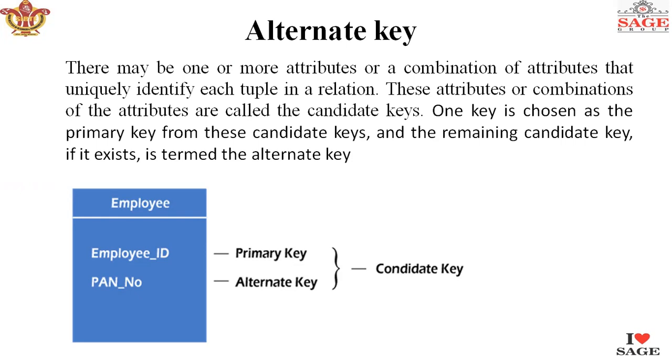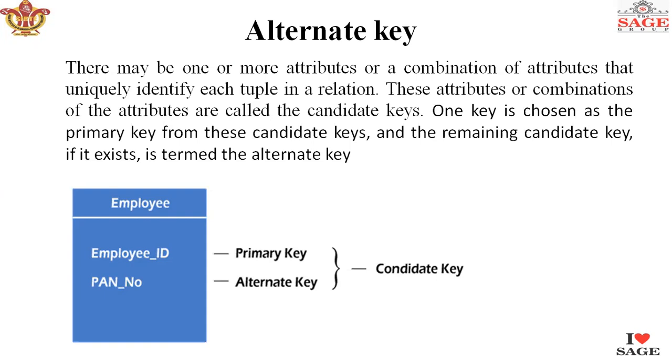One key is chosen as the primary key from these candidate keys, and the remaining candidate keys, if they exist, turn into alternate keys. Here you can see the example of alternate keys. In other words, the total number of alternate keys is the total number of candidate keys minus the primary key.